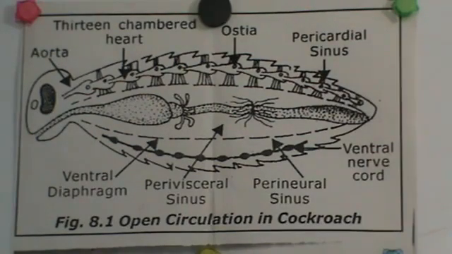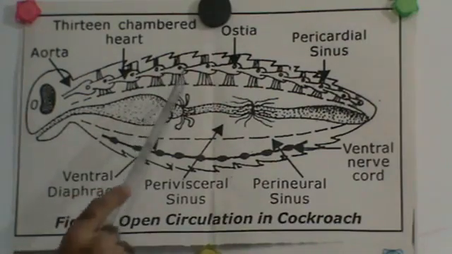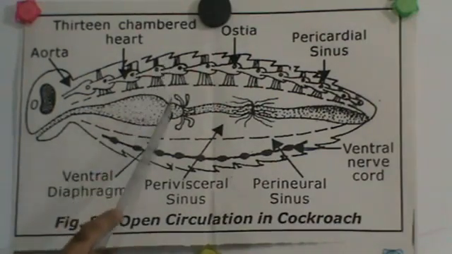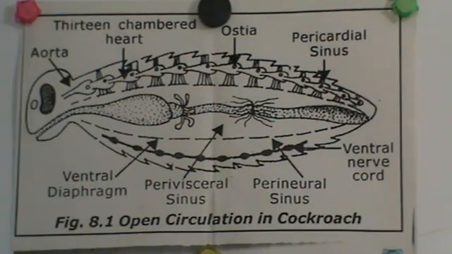So there are three main sinuses. They are formed by the dorsal and the ventral diaphragm with microscopic pores through which the hemolymph is transported from one sinus to the next.